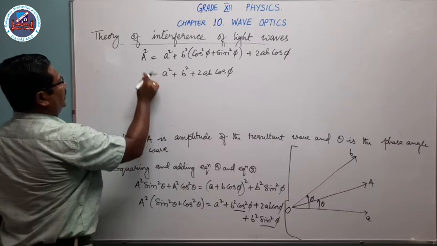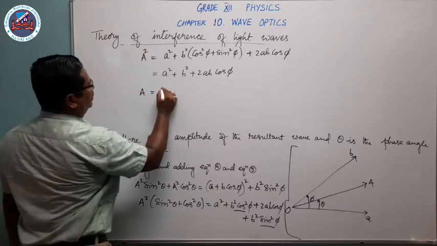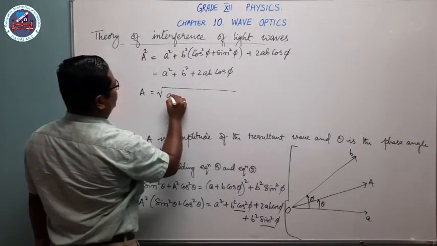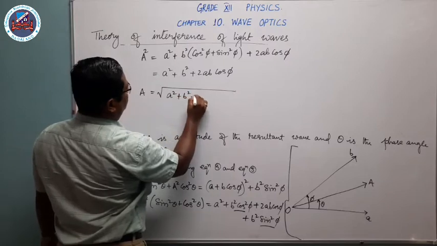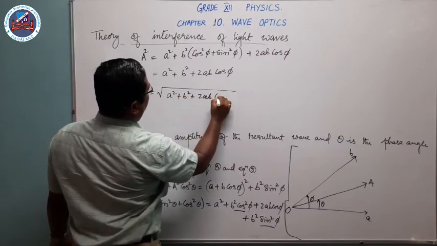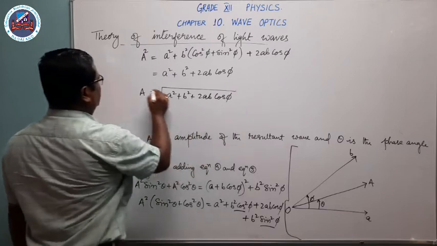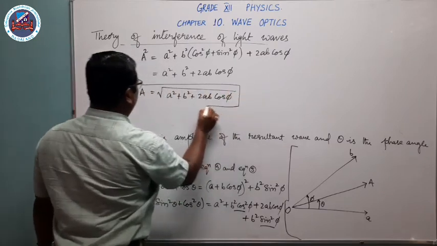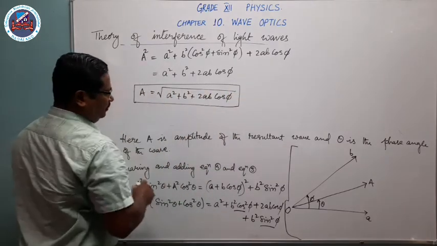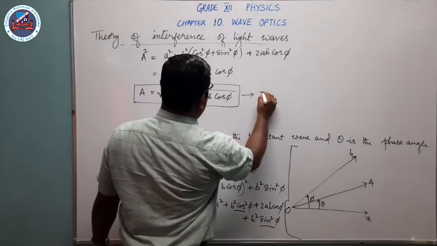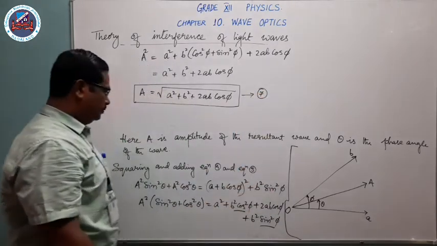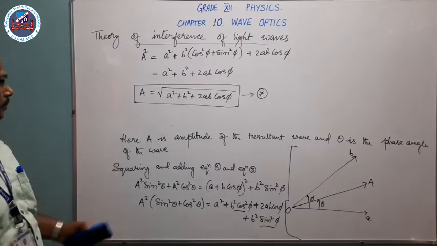So ultimately, if you remove the square, it will become square root of a square plus b square plus 2ab cos phi. This will give you the amplitude of the resultant wave. Let us mark this as equation number 7.